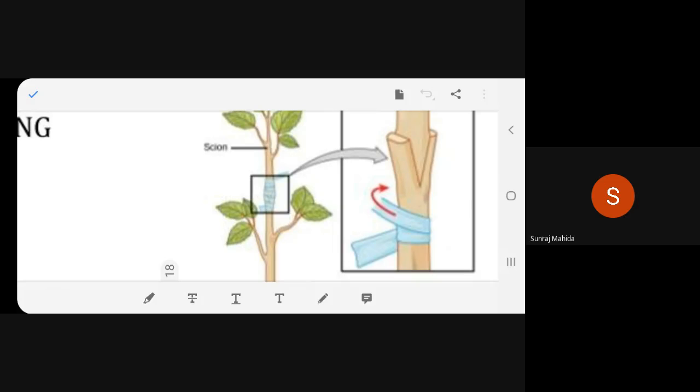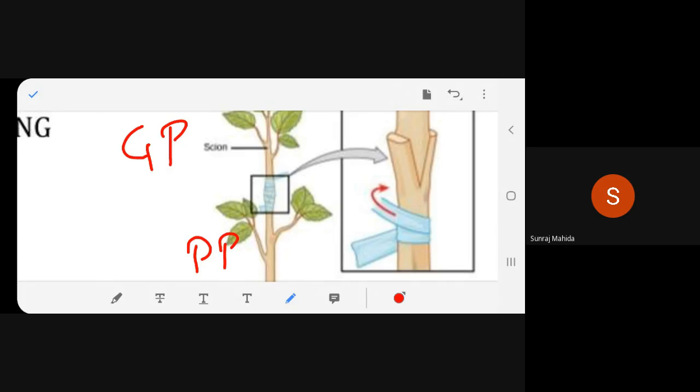What they do is, this is the parent plant, PP, and this is the second plant, the grafted plant, GP. The parent plant is rooted in the soil and they will make a slit like this and the grafted plant will be on top, which will have different characters altogether.